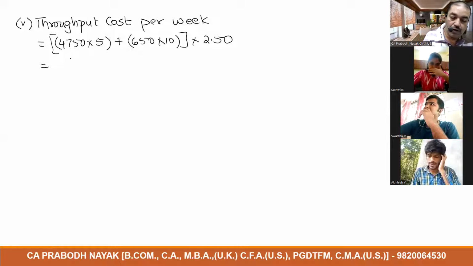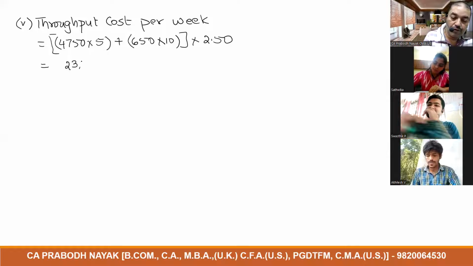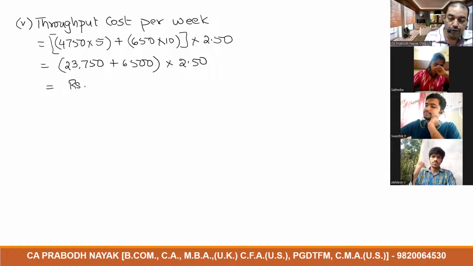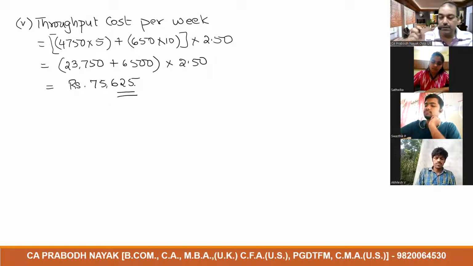So this will give, I think, 23,750 plus 6,500 into 2.5. 30,250 into 2.5. 75,625. Check the calculations.